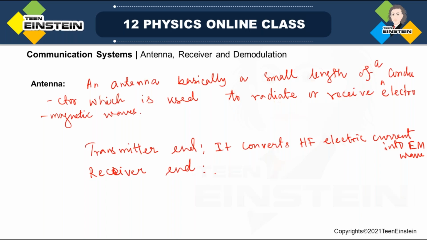And what is the role of antenna at the receiver end? At the receiver end, it does the opposite conversion.